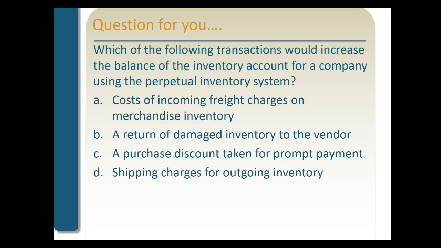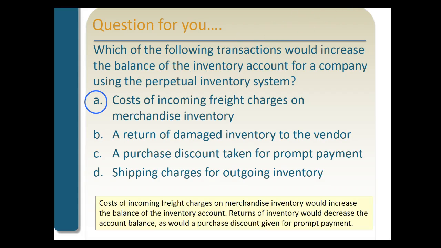Or D. Shipping charges for outgoing inventory. Cost of incoming freight charges on merchandise inventory would increase the balance of the inventory account. Returns of inventory would decrease the account balance, as would a purchase discount given for prompt payment.